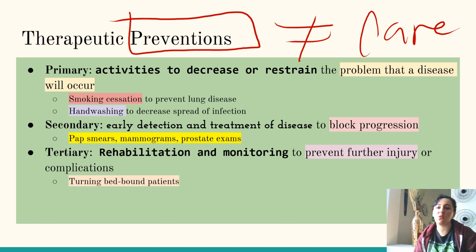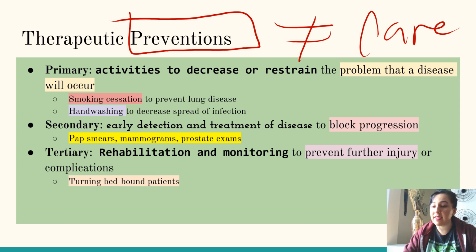But we do want to take measures to make sure that things don't progress, things don't get worse. So you want to prevent any kind of further injury, any infections, or any loss of your daily functioning or anything like that.